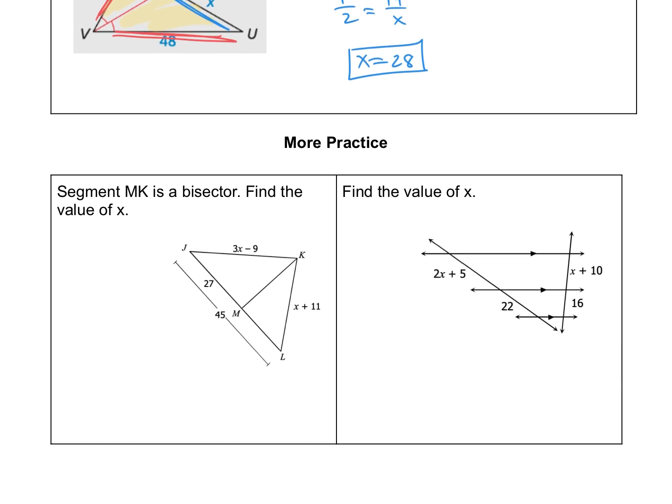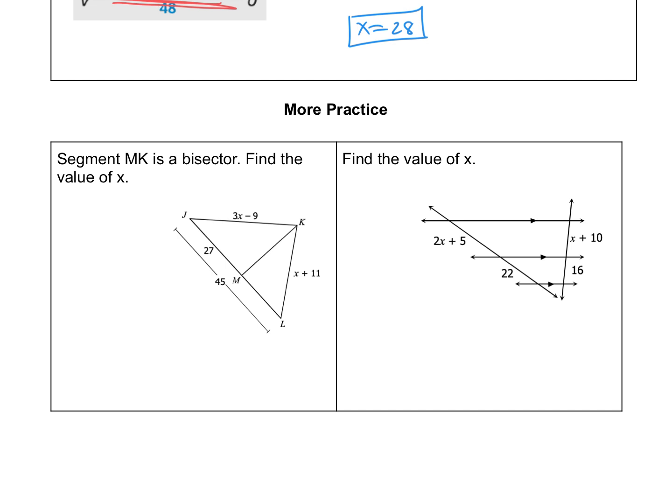Can you go down? Two things. I want to talk about this first problem. Segment MK is a bisector. Find the value of x. There's an issue here. Do you know what the issue with this problem is? What does bisector mean? Cut in half. What can you cut in half? What kind of items? Angles.